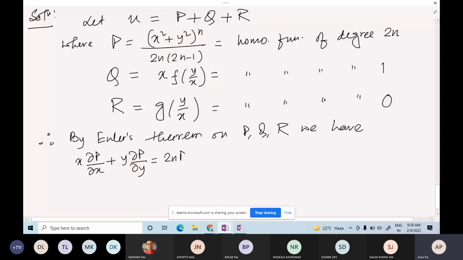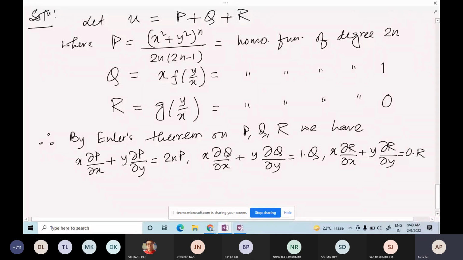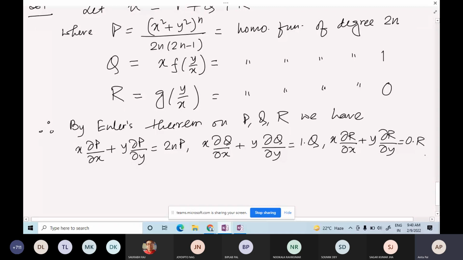For q, we will write x del q del x plus y del q del y equals 1 into q. And for r, we will write x del r del x plus y del r del y equals 0 into r. So all of you agree to this?